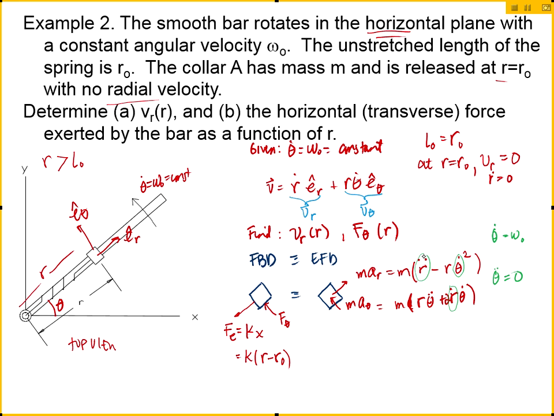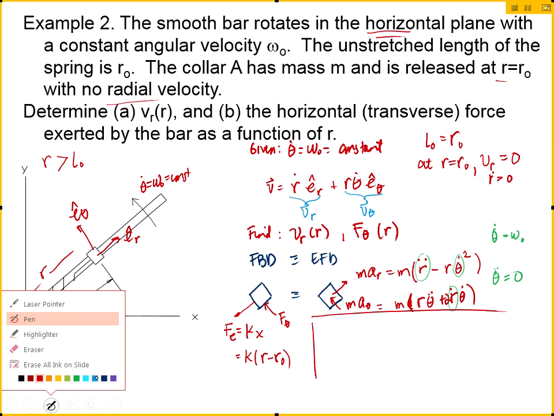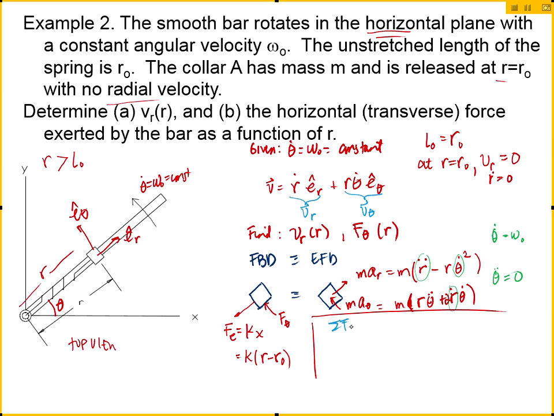Okay. So I'm going to set up the equations now along the transverse. Let's go to the radial. So what would be my equation along radial? Summation of forces in the radial direction. What would I get?